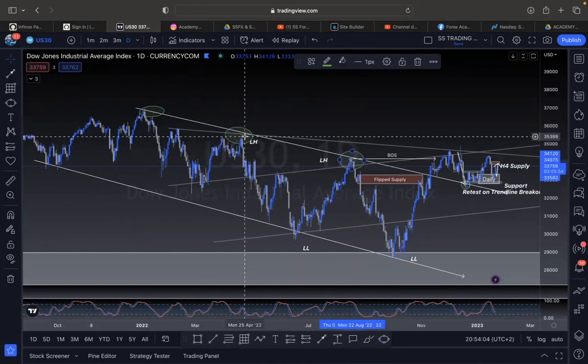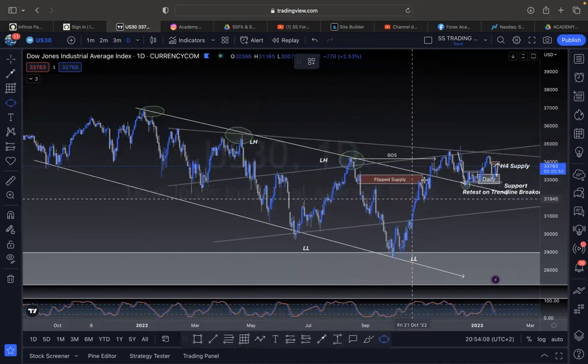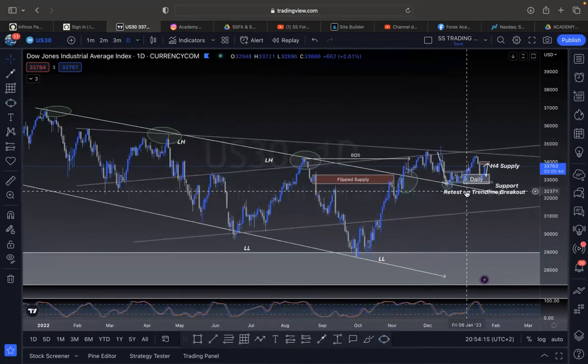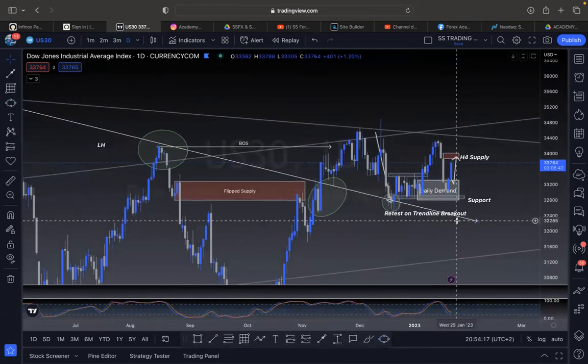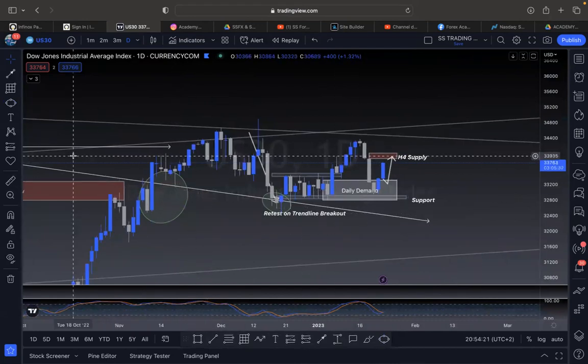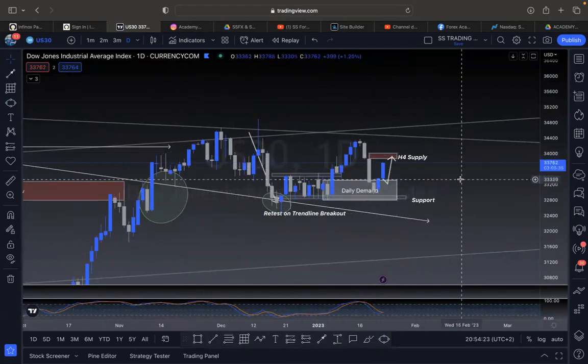So there's your 1, 2, and then your third one confirms it. Then we break out on the 4th attempt here. And then we come back for a retest down here on the backside of that trend line. So that was the background into the bullish bias.